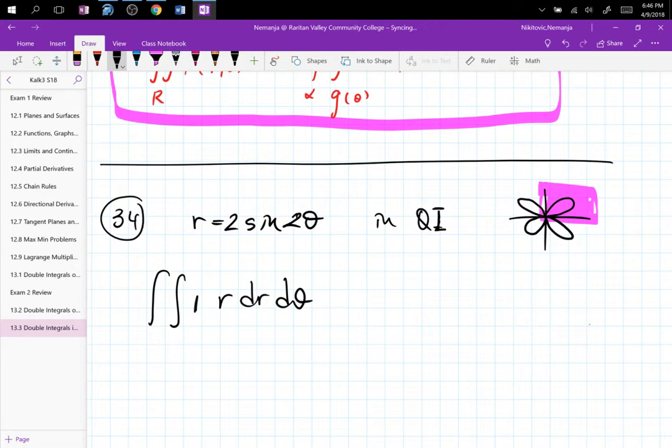Okay. Now the easy part is the function part, because it clearly goes from 0 to 2 sine 2 theta. That's that. The scary part now is the outer part, because we get to use only one petal of the flower.